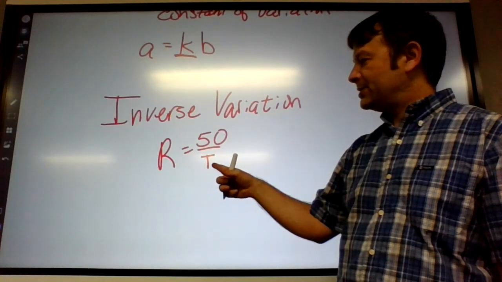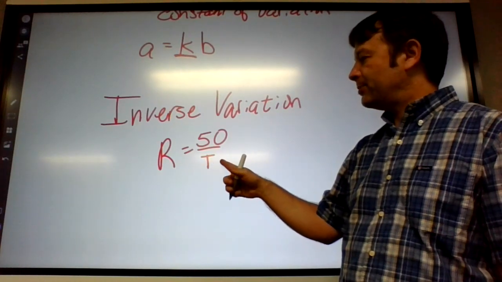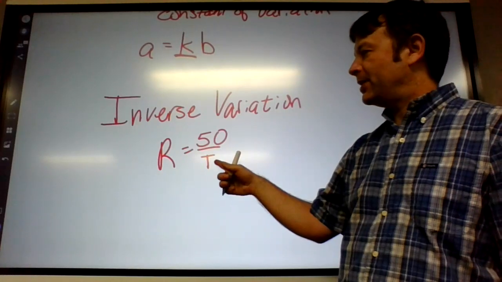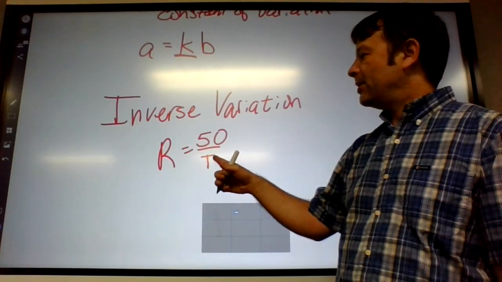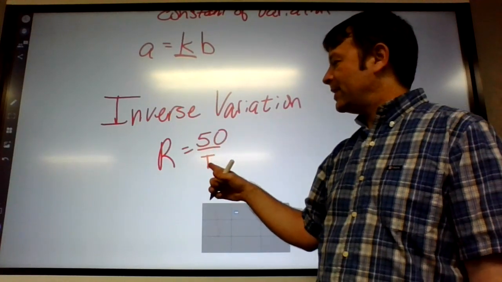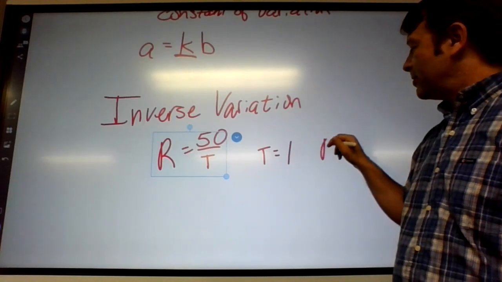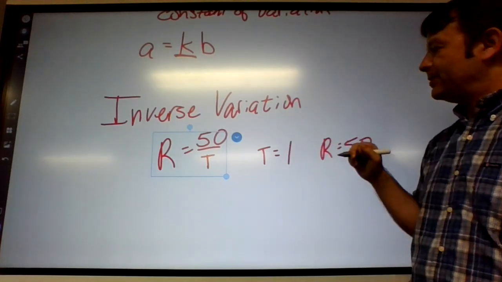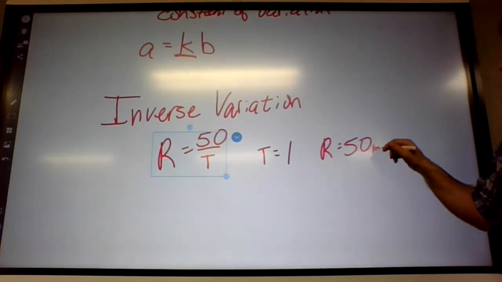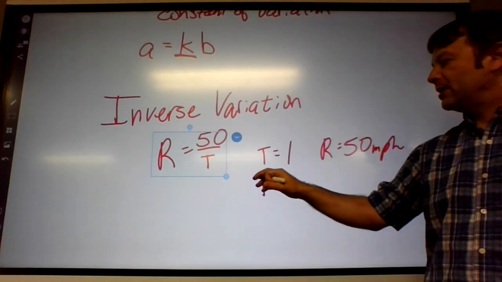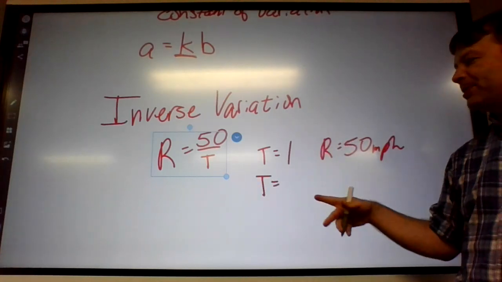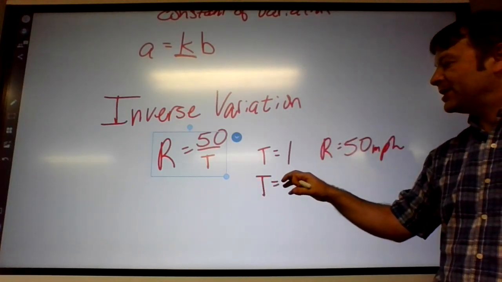let's say T is 1, like we spent 1 hour traveling to get there. That'd be slow, but what would the rate be? 50 divided by 1. If we spend 1 hour to get there, our rate would need to be 50 miles per hour. That doesn't make a lot of sense because you probably wouldn't go 50, but you guys get the idea.